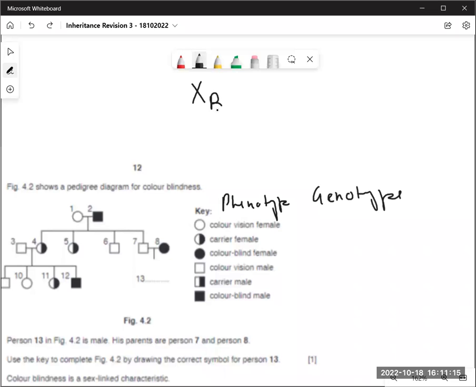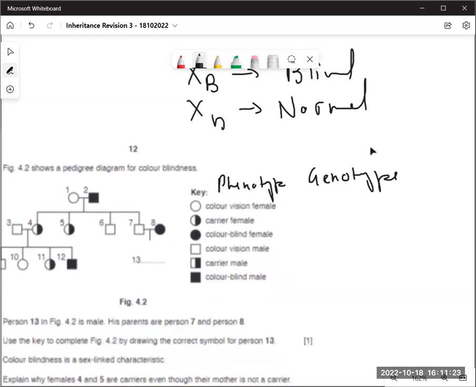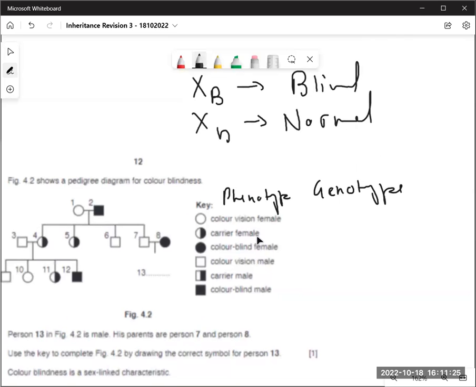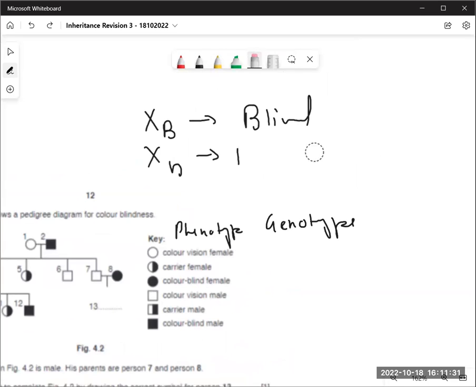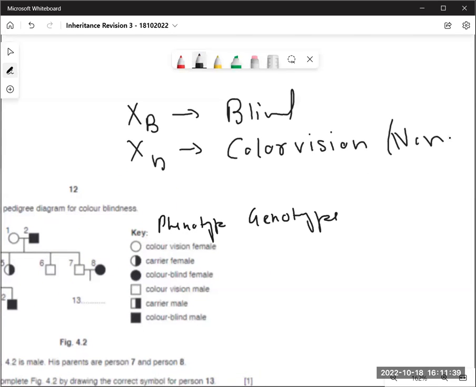Let's try with capital B, that's for blind, and small b is normal. Now, tell me the genotype for a color vision female, a normal female. Let's say X small b means color vision. So this will be XX, that's female.